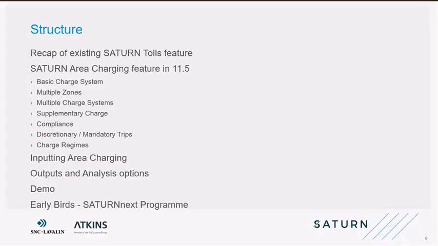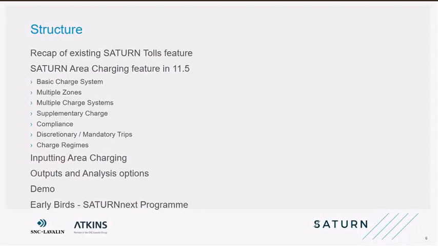And in today's webinar, this is the structure of what I'm going to talk to you about. A quick recap of the existing toll features in Saturn, then the new area charging feature that you're going to see in 11.5, and how you enter this area charging code into your network, and then what kind of outputs and analysis you can see in this feature.